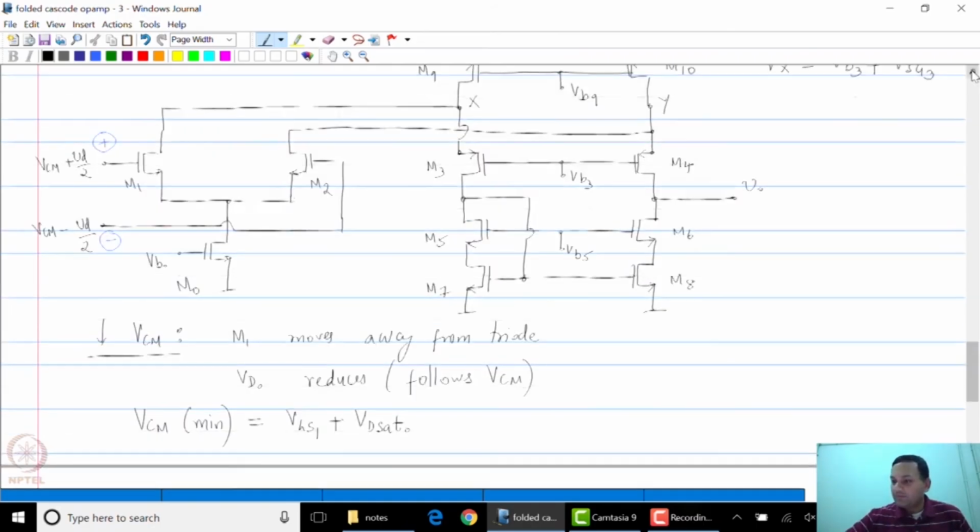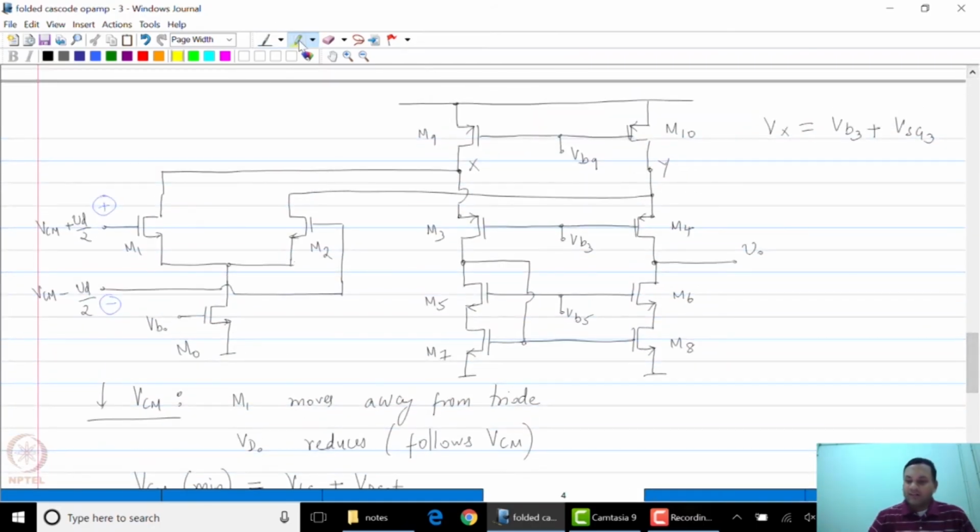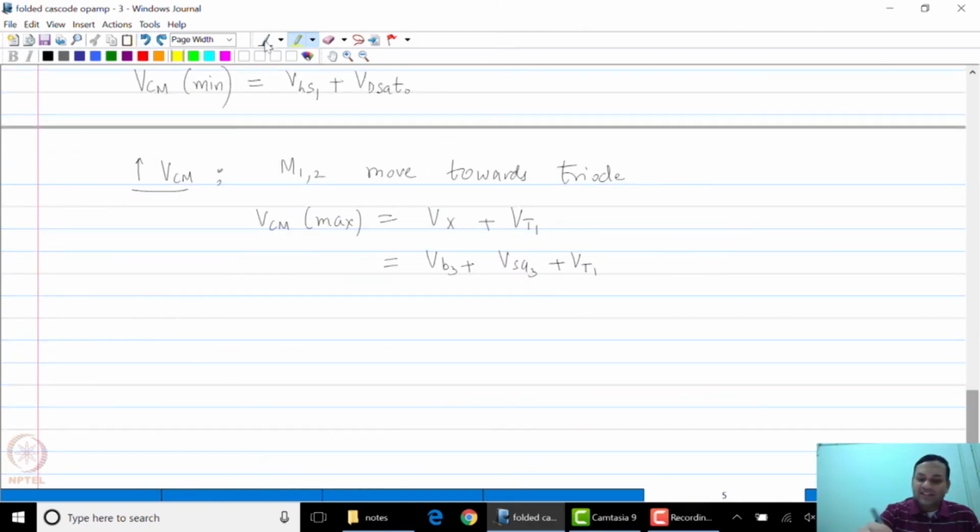So the reminder, node X is at Vb3 plus Vsg3 and the gate voltage can rise one threshold voltage above that before M1 or M2 hits the edge of the triode region. So this is the maximum value of VCM.